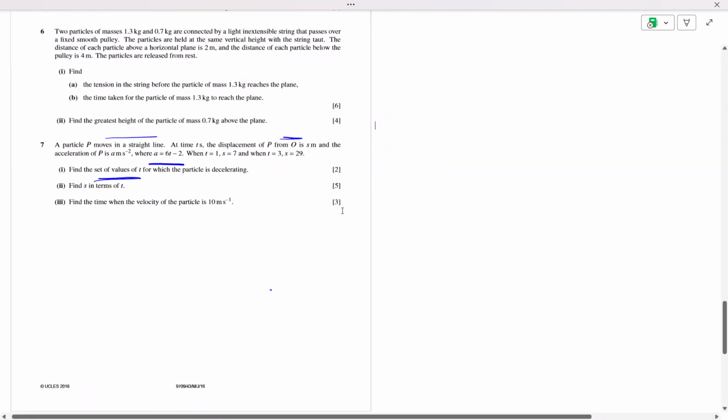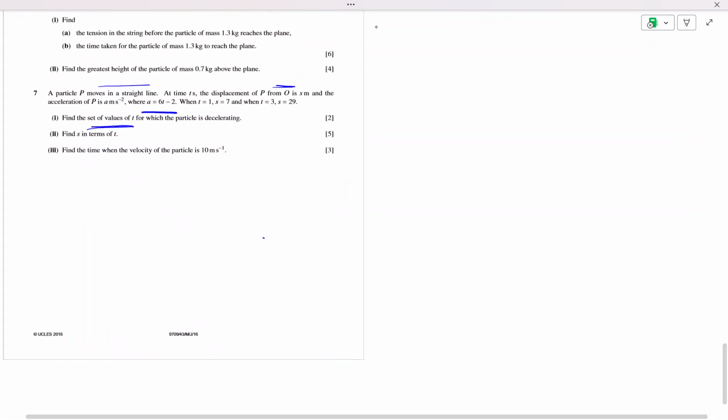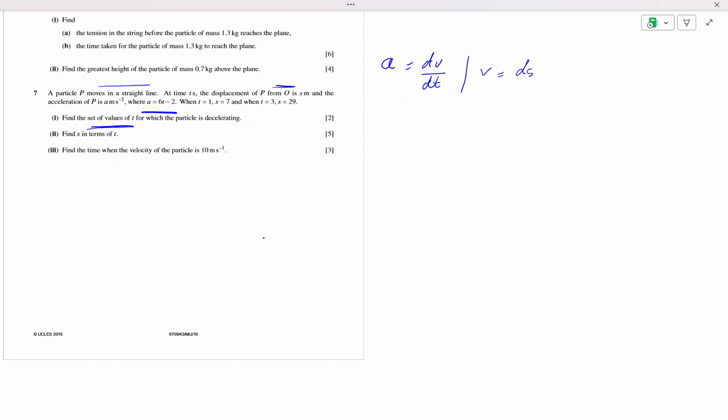Okay, so for the second part, we're going to use calculus. Okay, so this is what we know. We know that acceleration a is equal to dv/dt, the rate of change of the velocity with respect to time. We also know that the velocity is equal to ds/dt, right? Thus, if we differentiate this twice, we'll get the acceleration, right?